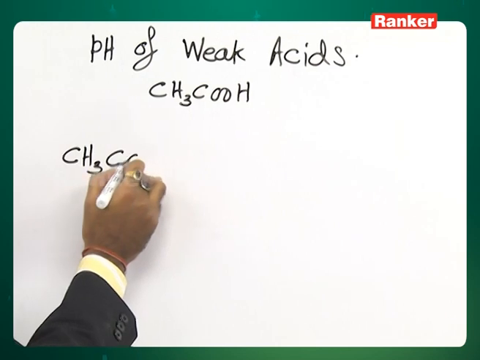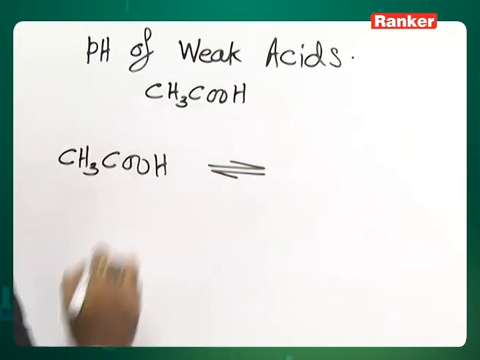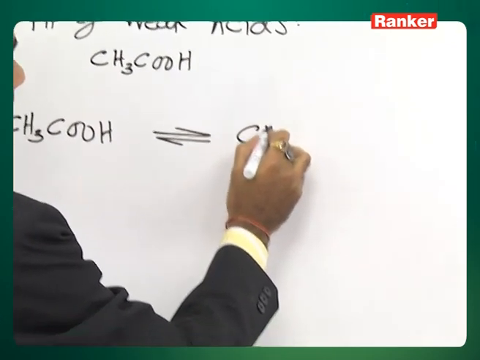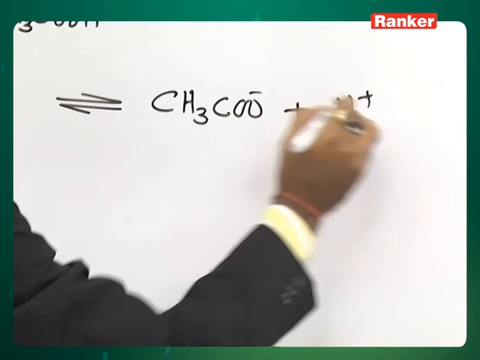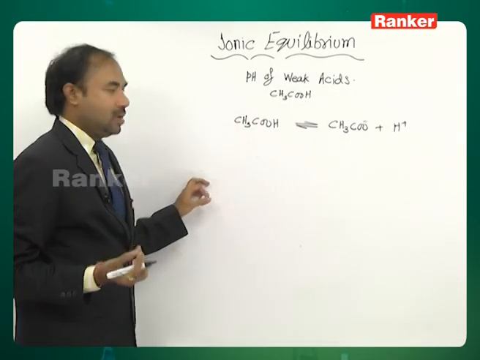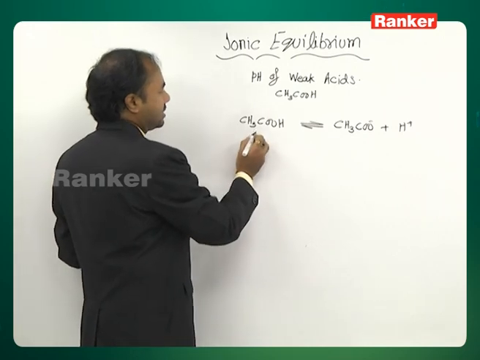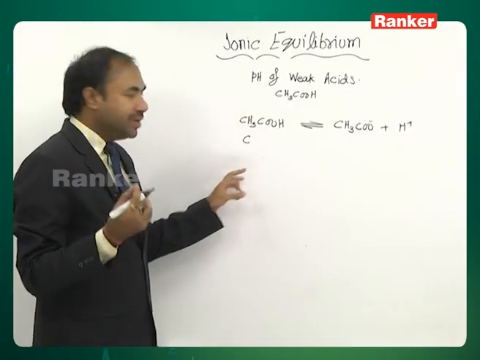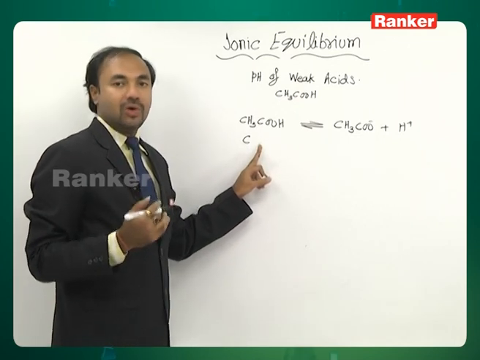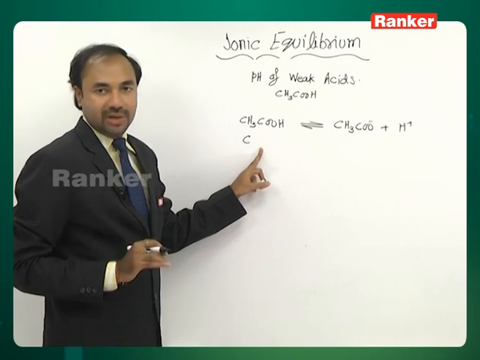How? See that part. Acetic acid we take, it will establish an equilibrium to give acetate ion and H plus ion. We take one moderately weak acid and we say the concentration of acetic acid here is C. We know one term is used to show how much of the acid is dissociating, and that is called degree of dissociation.